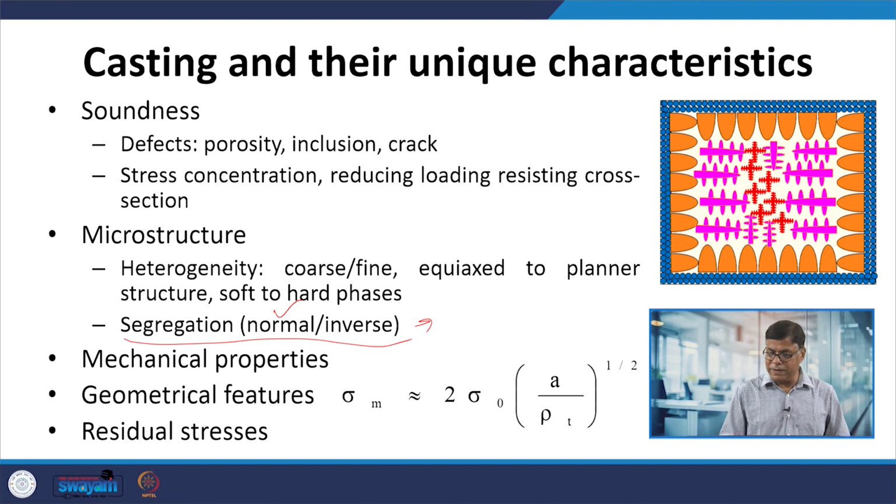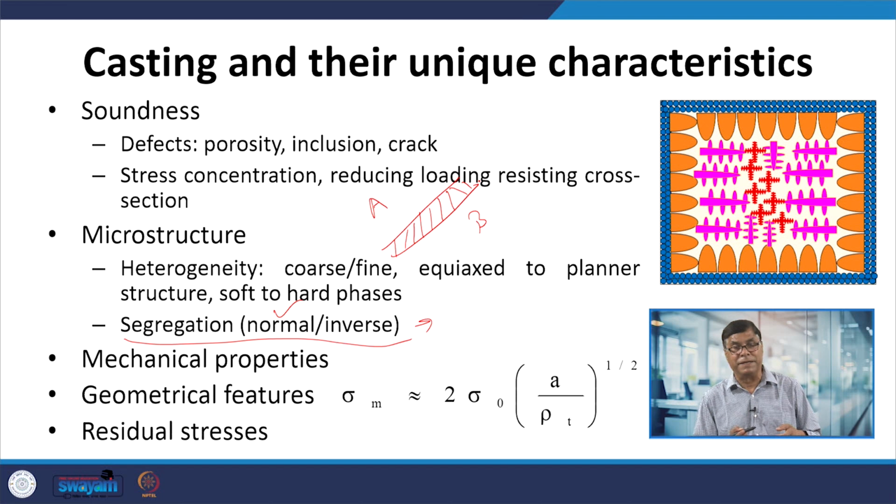Say this is the grain boundary here, this is grain 1 and this is grain 2. When the enrichment occurs, then this boundary area will have a higher concentration of certain elements. Mostly these are the low melting point phases present at the grain boundary area, or the elements which are being rejected in the course of the solidification or during the solid state transformations.